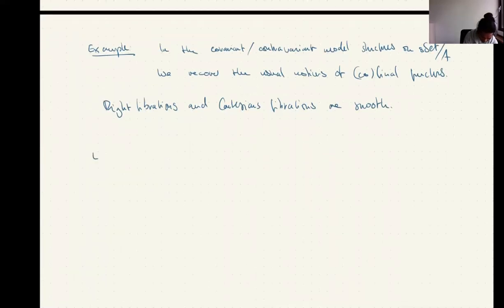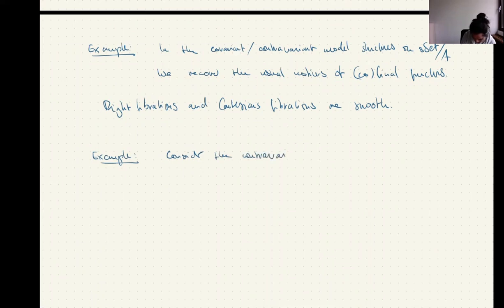And here's another example which may or may not be interesting. This time let's construct another model structure, and this time what we want to model is presheaves with values in n-types. So let's consider the contravariant model structure associated to the following data.